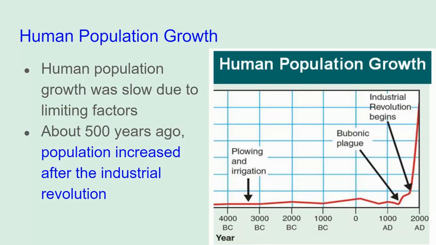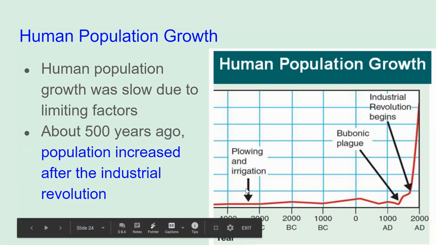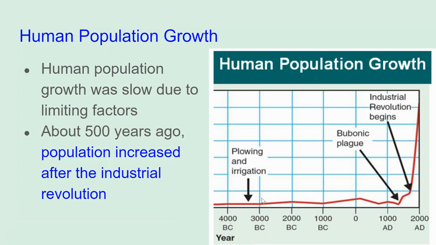This is an example of human population growth. So we're kind of switching gears here. We've talked about limiting factors, but we're completely switching and talking about human growth. Now, human population growth has been kind of interesting. Initially, it was very slow due to some limiting factors. We didn't have the technology to get as much food as we needed, and we kind of had to deal with that.